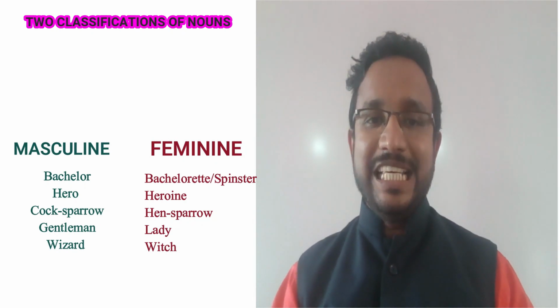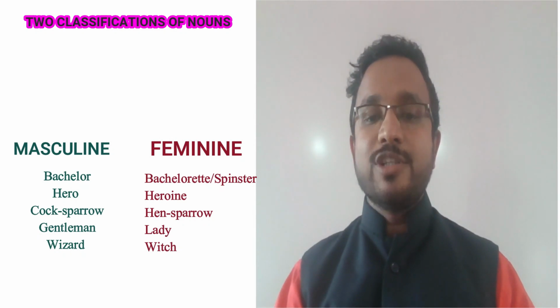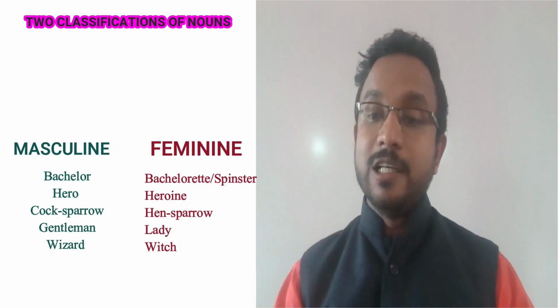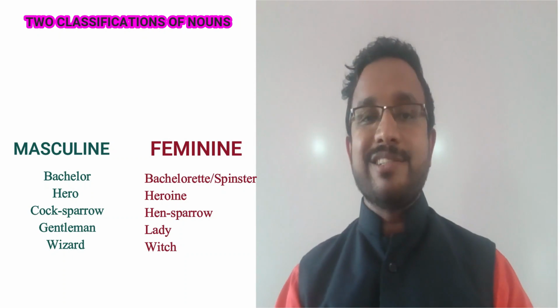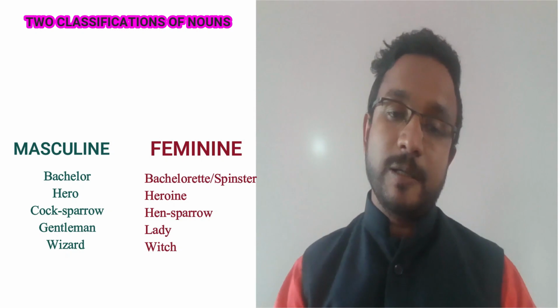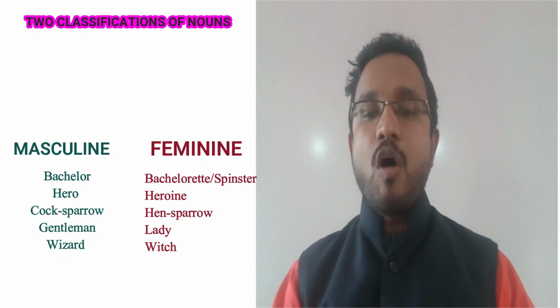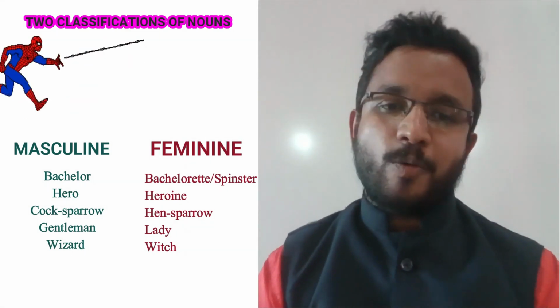Bachelorette is a young unmarried woman. Or spinster. Spinster is an elderly unmarried woman. Hence, we can say that bachelor is the masculine term and the feminine term for the same is bachelorette or spinster.